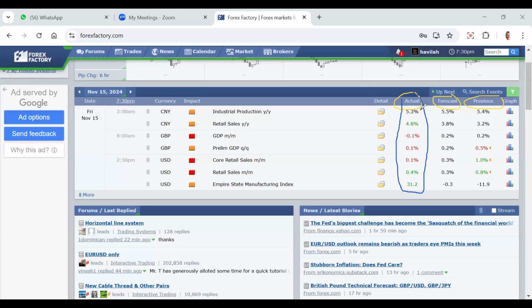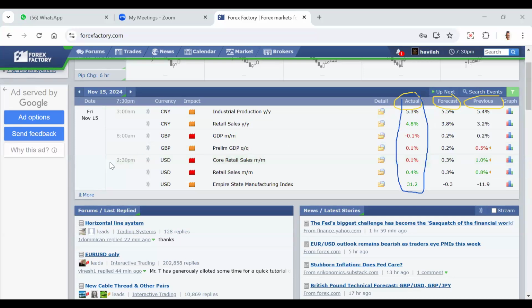When you open the table for this week, you will see that everything under actual is blank because the data is yet to be released. So if the previous for core retail sales is 1% and the analyst gave a forecast of 0.3%, we now wait for the date and the time when the actual will be released.